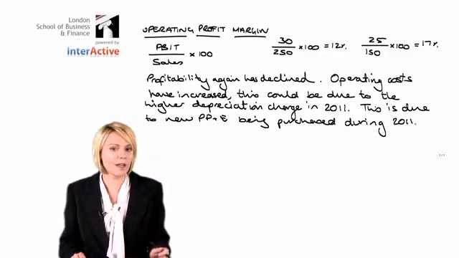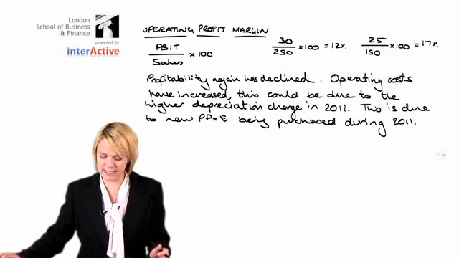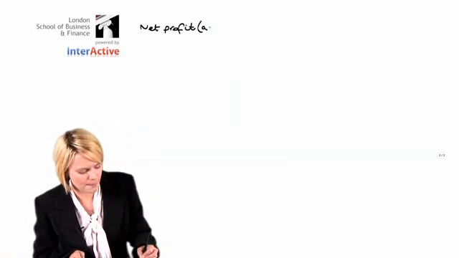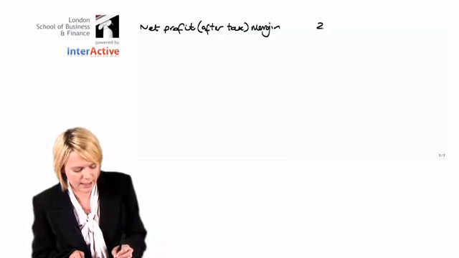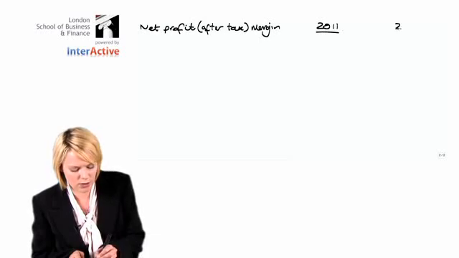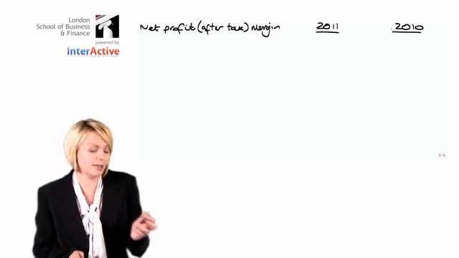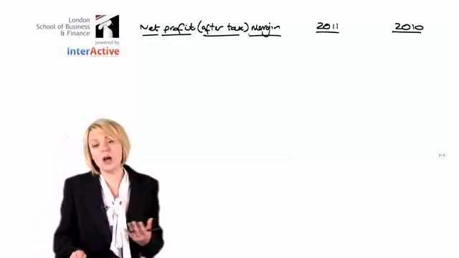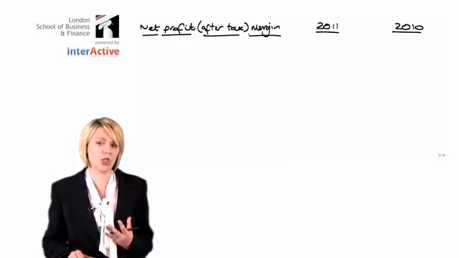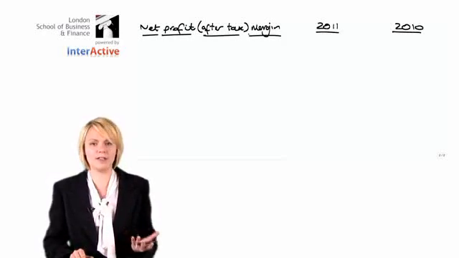Okay, next profitability ratio then would be the net profit after tax margin. Again, I'll make it very clear that 2011 and 2010 will be the years we're calculating the ratios for. Remember, you can only interpret financial performance and position if you have something to compare it to.